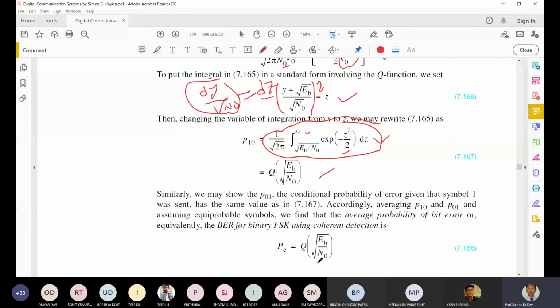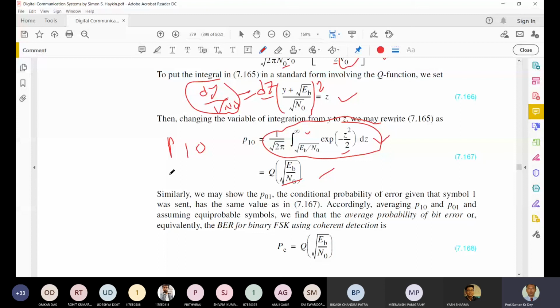So now from there, what can we conclude? Similarly, when we send 0 and receive 1, the probability is equal to this value.